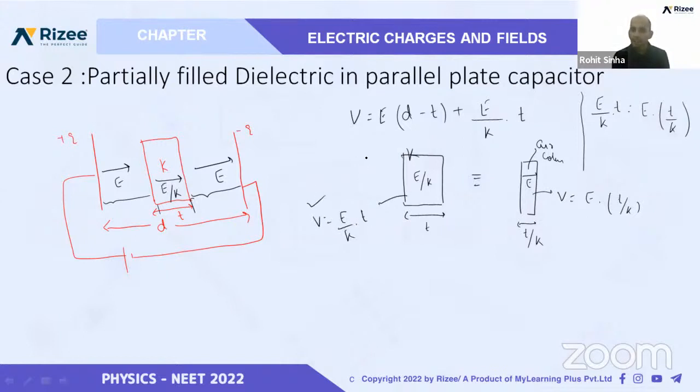So we can replace the dielectric material with an equivalent air column. We can write it as the air or vacuum equivalent of the dielectric. Any problem to anyone till here?